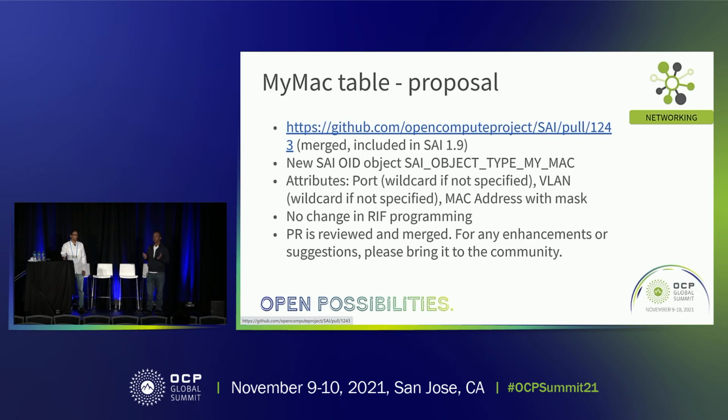The tool chain does not provide any kind of support because it's dynamic information, and the intelligence is present with the controller. So in the SAI tool chain, we cannot take that decision. So it's very much possible that you can program invalid entries into the MyMAC table and tool chain will not detect it. So control plane must make sure that the entries are programmed correctly.